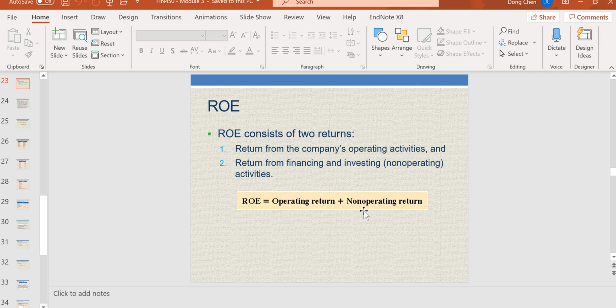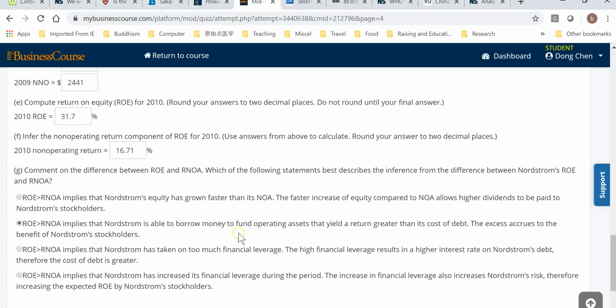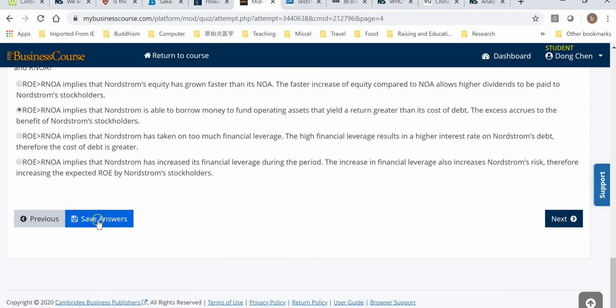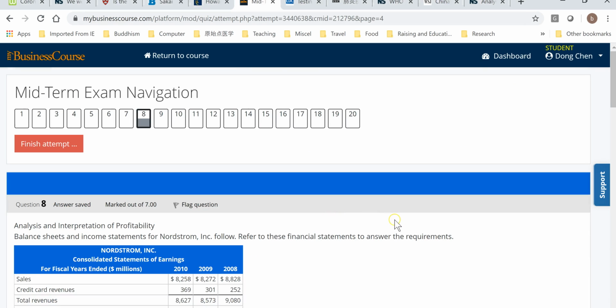Financing here means the borrowing, and that could also be seen by the other major decomposition analysis for the ROE, which is the DuPont analysis, right? In the DuPont analysis we also have the financial leverage impact. So that's also captured by this non-operating return, and that's why the ROE is greater than the operating return. So we just choose this answer here and save our answer.